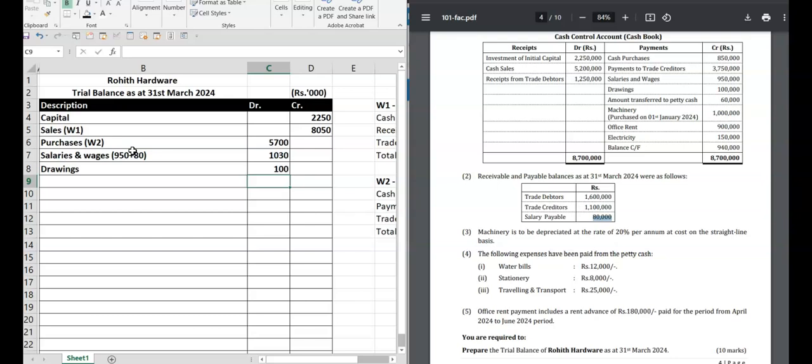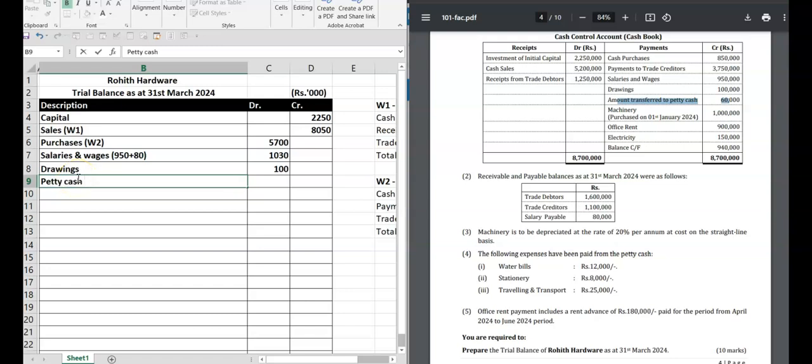Drawings is an expense. Then what are the other things that you need to find out? Right? Okay, so then petty cash. This is the amount transferred to petty cash.